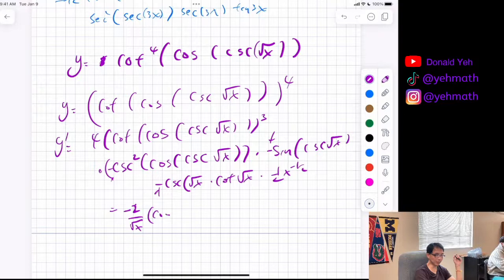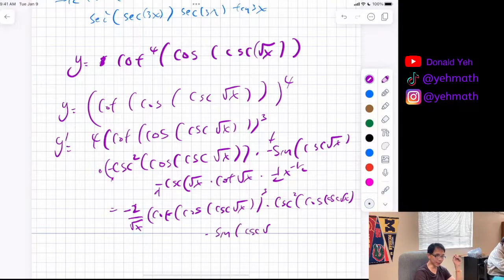Pretty much I just repeat writing everything: cotangent of cosine of CSC square root x to the third power times CSC squared of cos of CSC square root x times sine of CSC square root x times CSC of square root x COT square root x, and that's it.